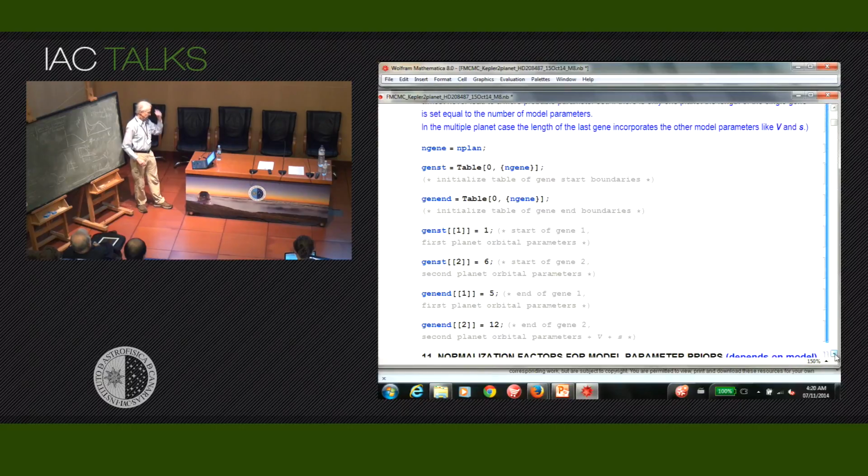First of all, some of you may be under the misapprehension that I am doing the genetic algorithm post-burn-in within the MCMC. That is not what's happening. I'm using the genetic crossover operations only in the burn-in phase, and it's happening within the control system.